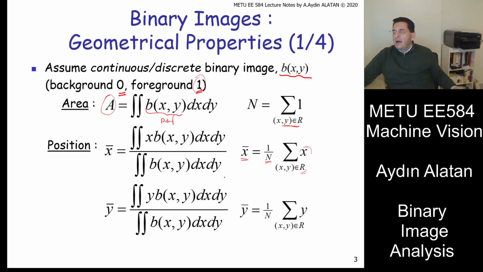These are our very first geometrical properties. And why is this important? Because as soon as you calculate this one and that one, and subtract them from your silhouette, all the coordinates are with respect to this new coordinate system where, for example, this is xy, there is a silhouette like this.